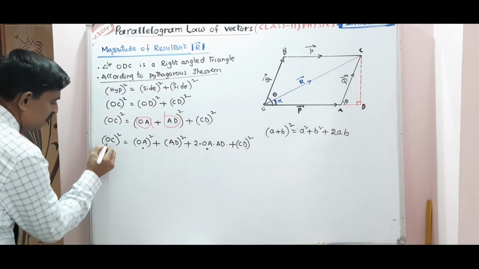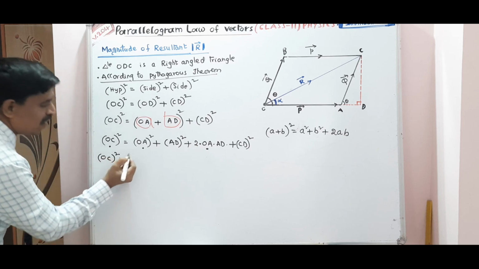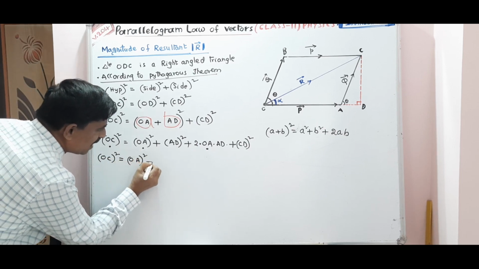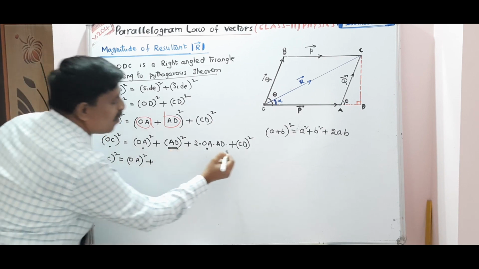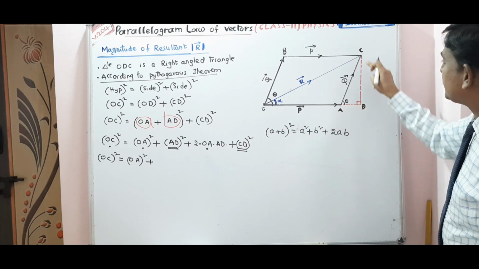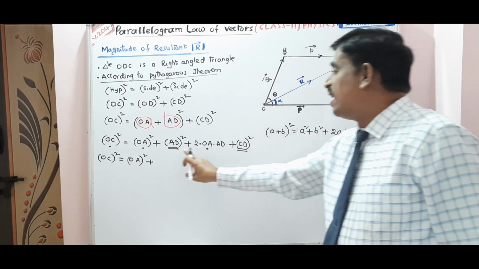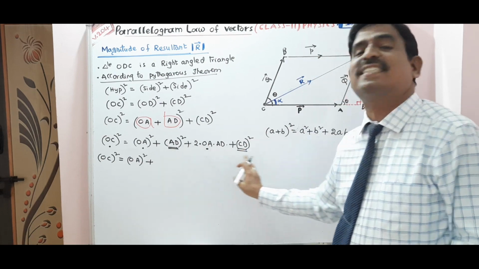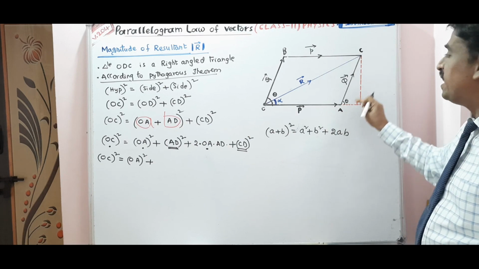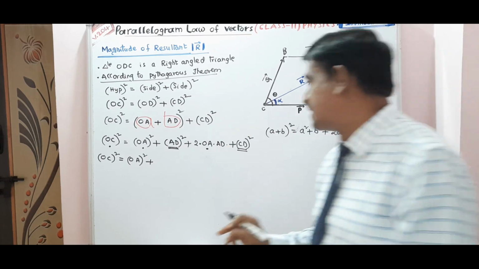Now please listen. OC square, OA square. This AD square and CD square, jigri dost, close friends. I will write these two members side by side; they must be at one place.